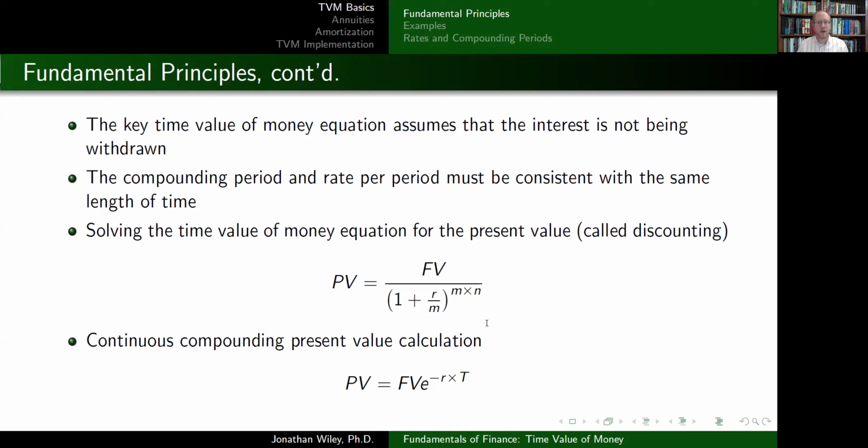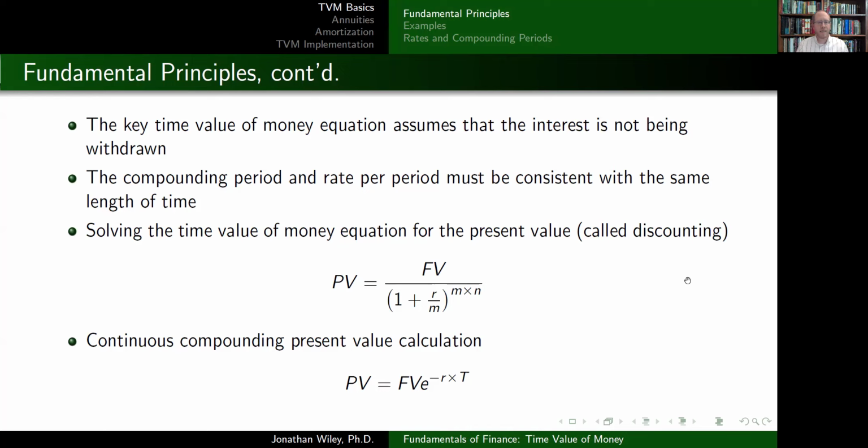So for instance, if it's $100 in the future, the value today is going to be less than $100, because I'm going to take $100 from the future and I'm going to divide it by something that's bigger than 1, which means I'm going to get a smaller value over here for present value. So that's why it's called discounting, because I take that future value and I shrink it back to present, and what I think is an appropriate amount in the present that I think is equivalent. That's the basic idea. So I'm kind of shrinking it back to the present.